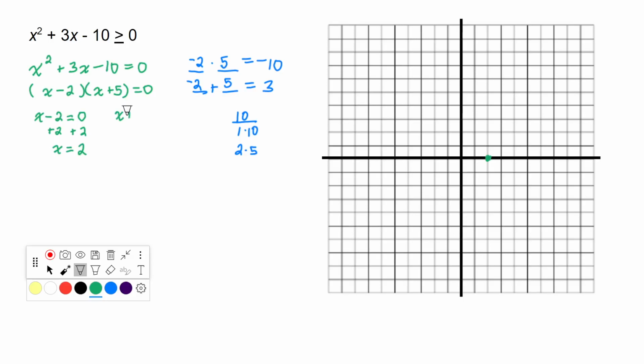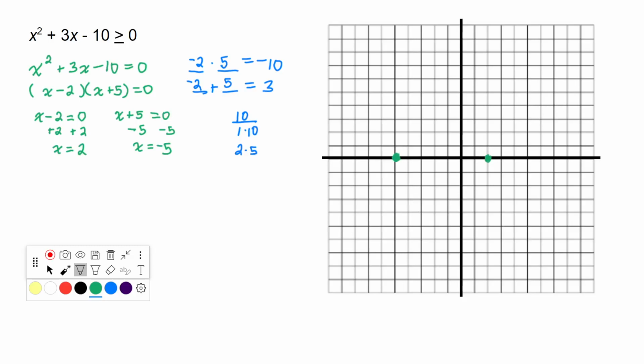I'm going to do the same thing for the other factor, x plus 5 equals 0. And then I'm going to subtract 5 from each side to find that my other x-intercept is when x equals -5. I'm also going to plot that on my graph. And those are the only ones that I'm being real precise about.